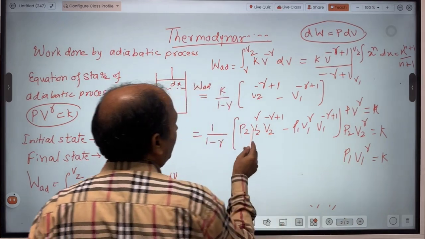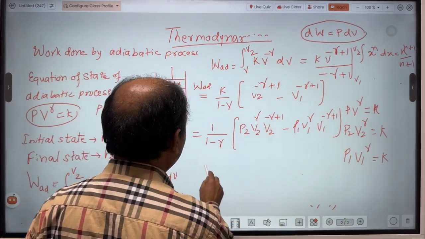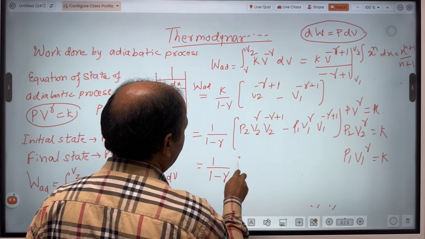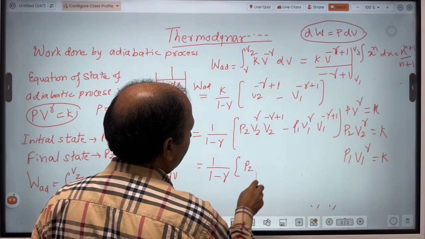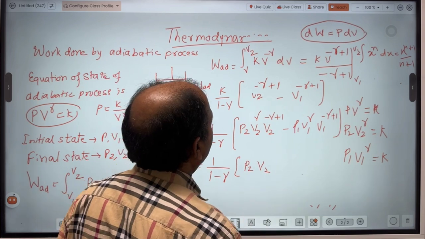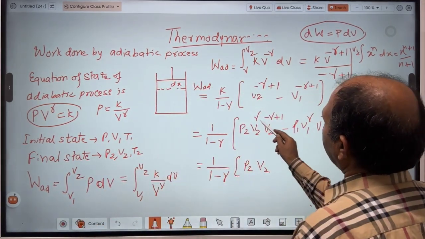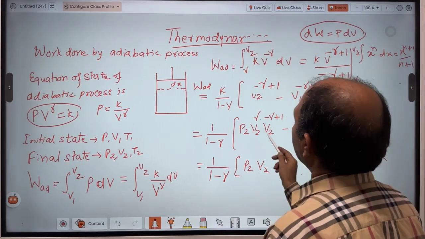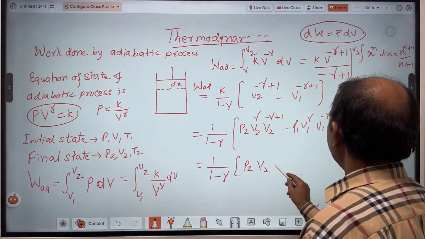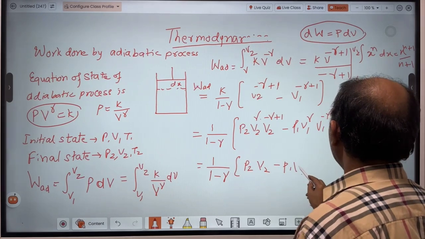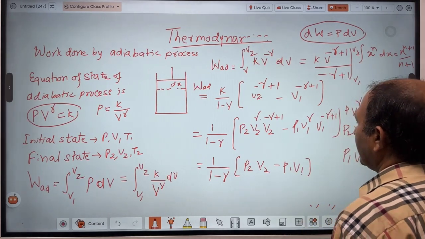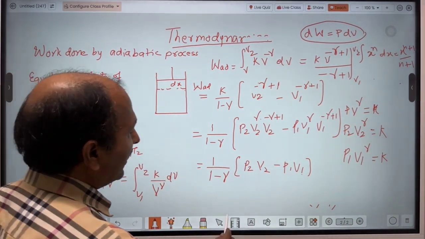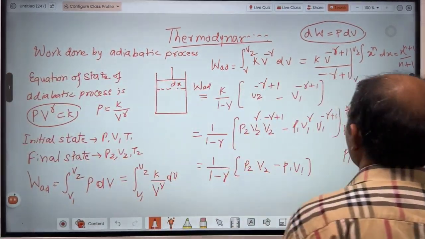Let's simplify. We will be left with 1 upon 1 minus gamma, P2 V2. Why? Because the power gamma plus minus gamma plus 1, after adding, we will get just power 1, minus P1 V1, right?